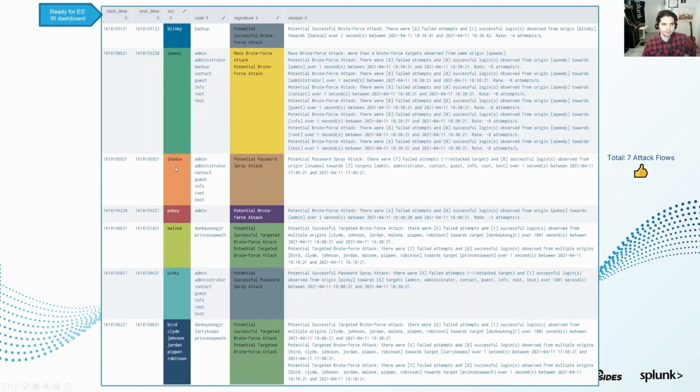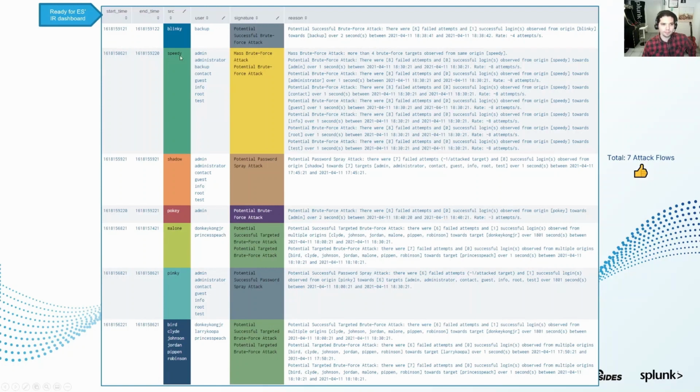Similarly, you can also see here the source shadow performing a potential password spray attack and targeting multiple accounts. And I can also see from the description and the reason what the behavior was, when it happened, and so on, right? This is a very good summarization of all the attacks that happened.